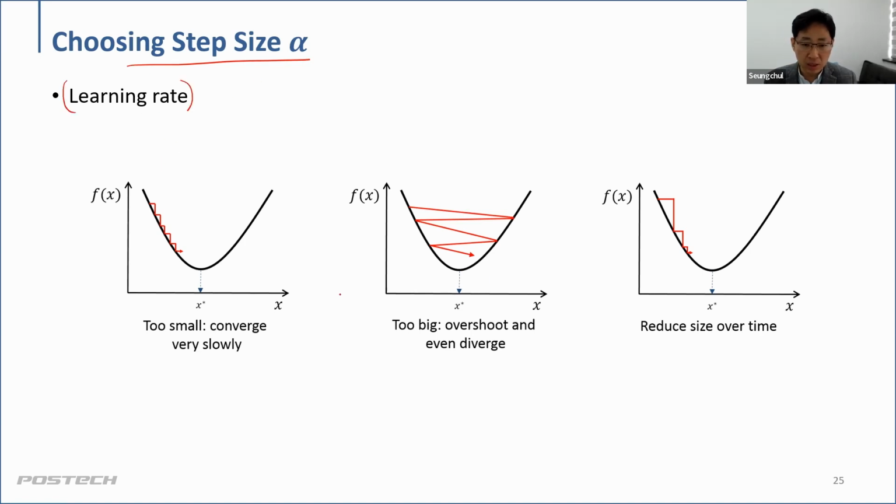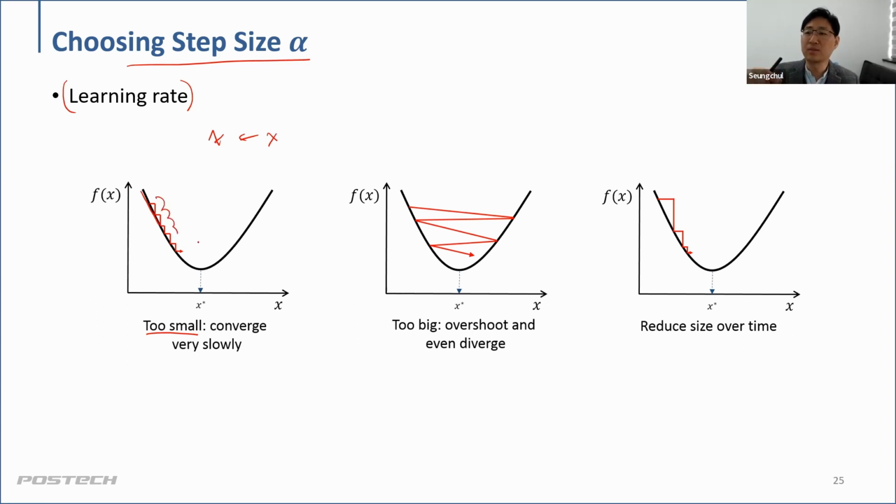But say if alpha is too small, that means we have some negative slope here, but we multiply by a very small number alpha, then we're going to update it by a very small amount, like this.